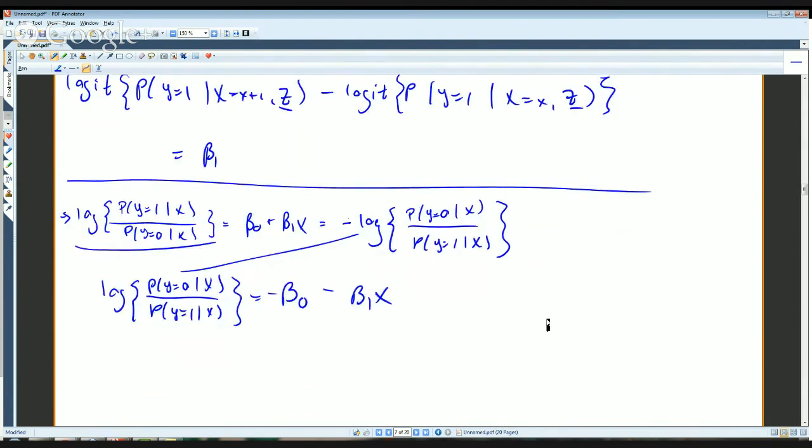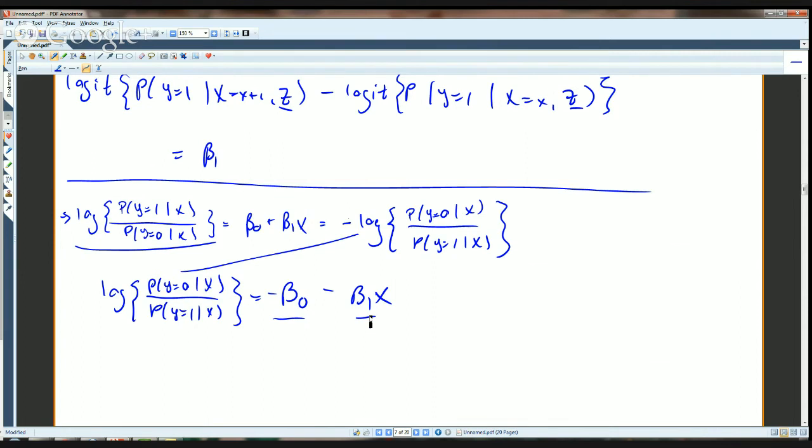So if your logistic regression is going to be consistent between treating y equals 1 as the outcome versus treating y equals 0 as the outcome, then when you switch and treat y equals 0 as the success in GLM when you fit it, you should get the negatives of the coefficients. And it is consistent in that way, of course.